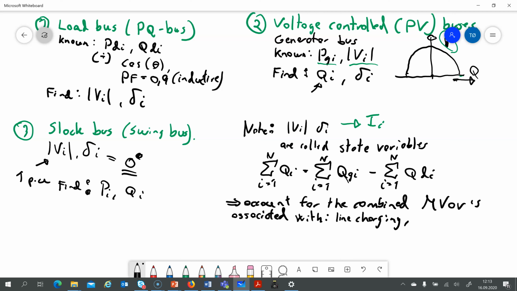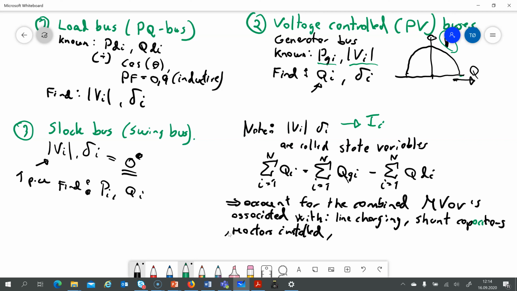What about other shunt capacitors? Capacitors and reactors installed, the inductor component and the other is the capacitive component.